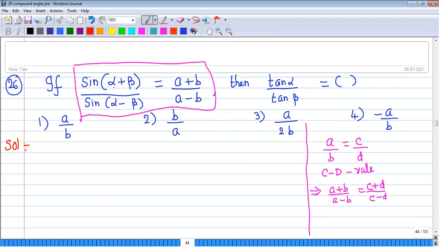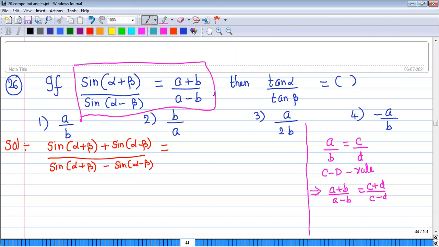Numerator plus denominator of the left hand side: sine alpha plus beta plus sine alpha minus beta, upon numerator minus denominator: sine alpha plus beta minus sine alpha minus beta, equal to, on the right hand side also numerator plus denominator upon numerator minus denominator.